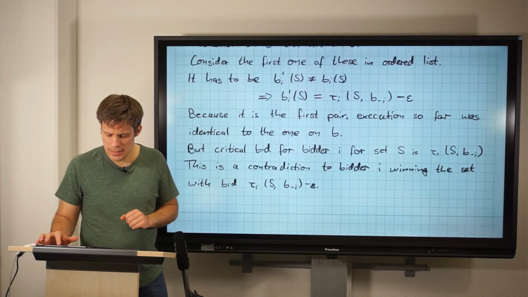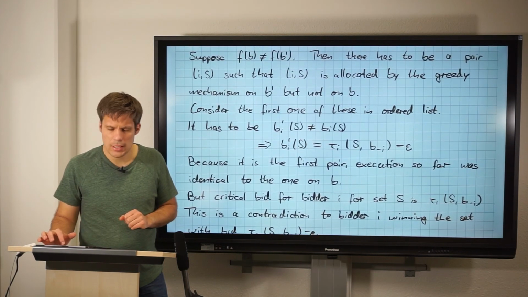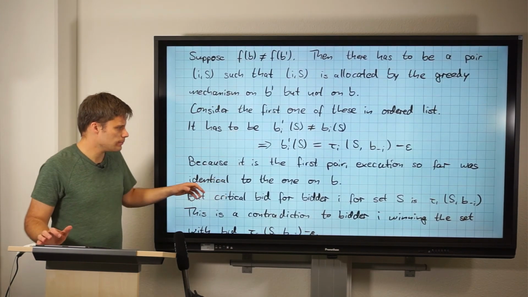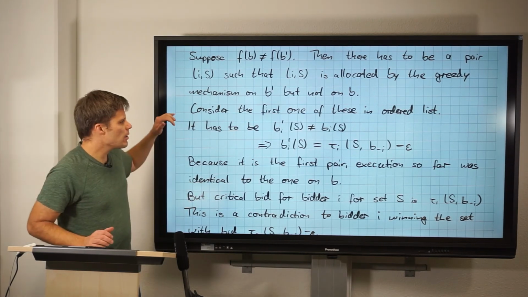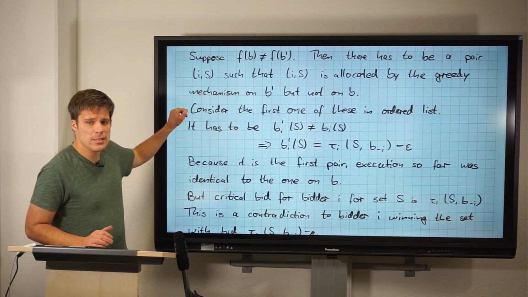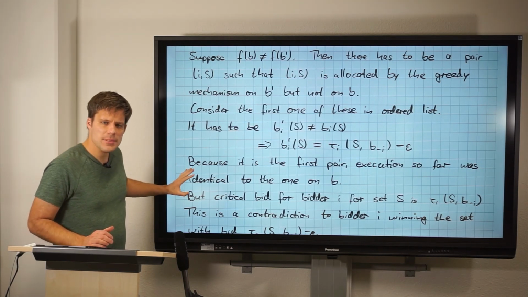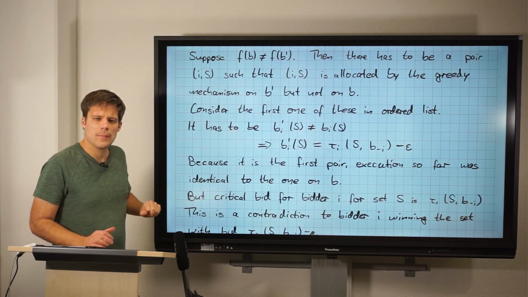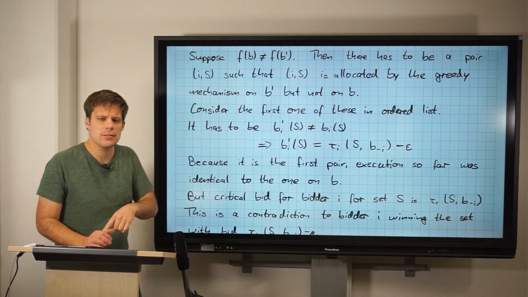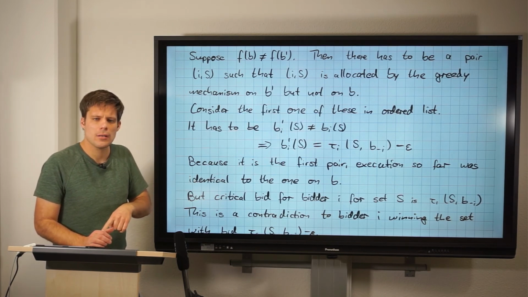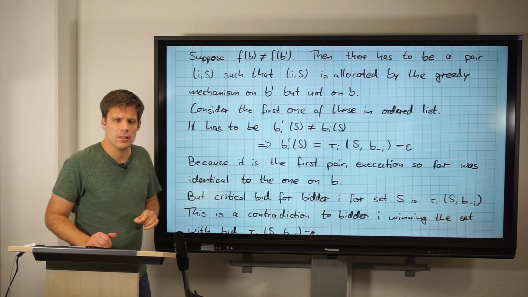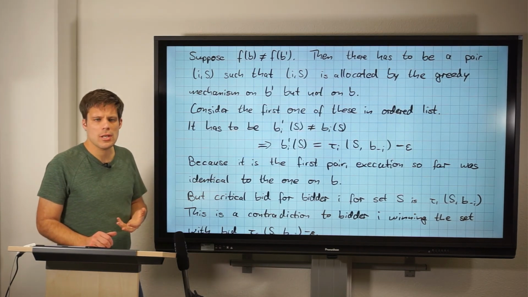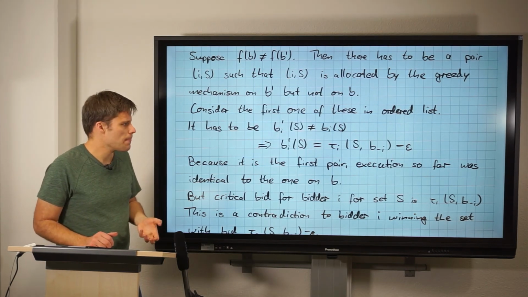And this is maybe a little implicit in this proof, that this is using this greedy property, that we are now considering the first one in this ordered list, and everything that happened so far was the same and also didn't include bidder i. Bidder i's bids haven't been looked at so far, and we can easily change them, nothing changes.